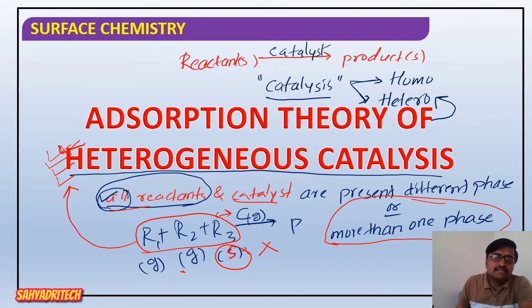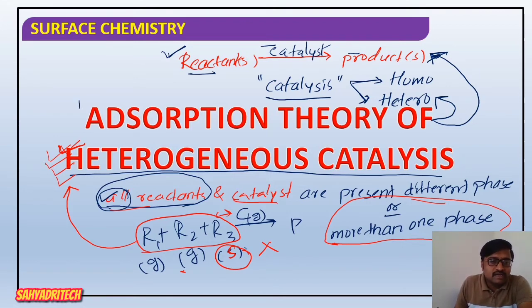What we are dealing with is how a heterogeneous catalysis takes place. We have to consider reactants, catalyst and product, and how they interact with one another is studied under the title adsorption theory of catalysis.